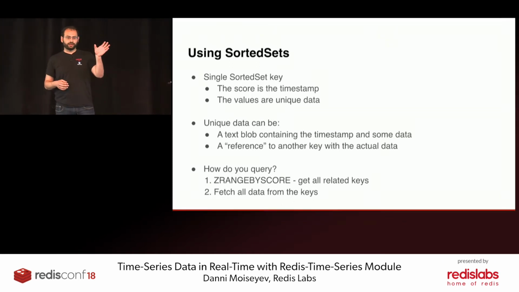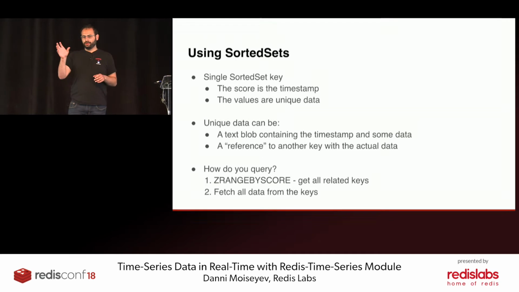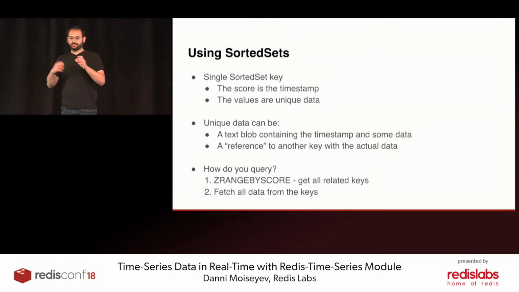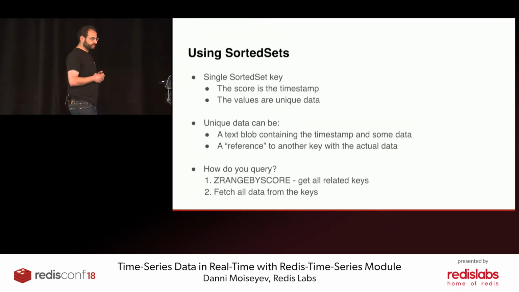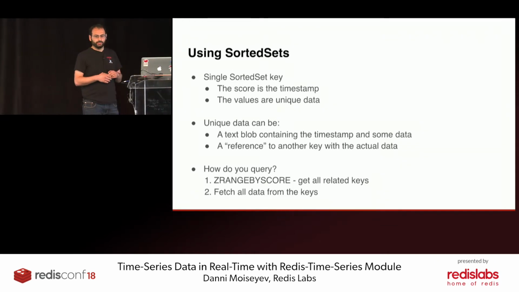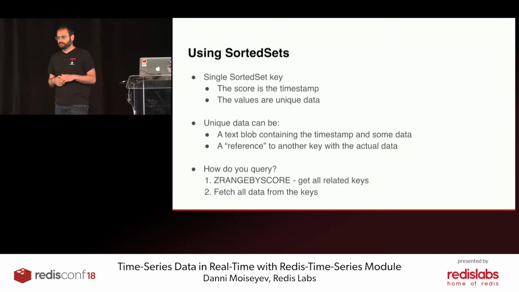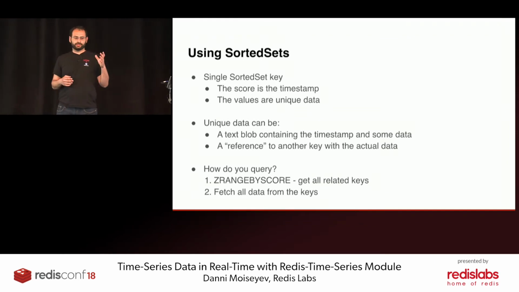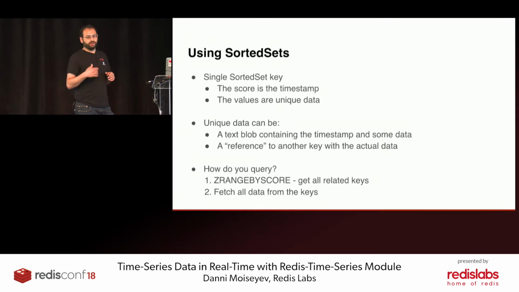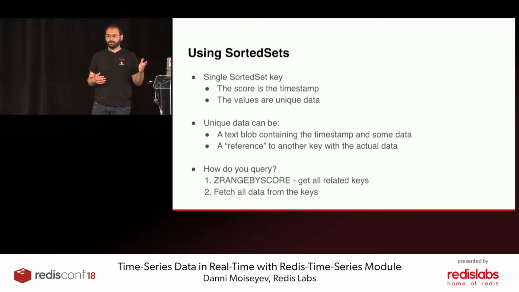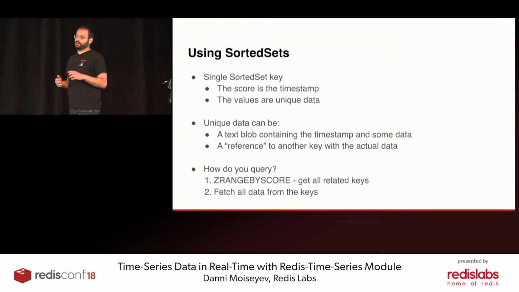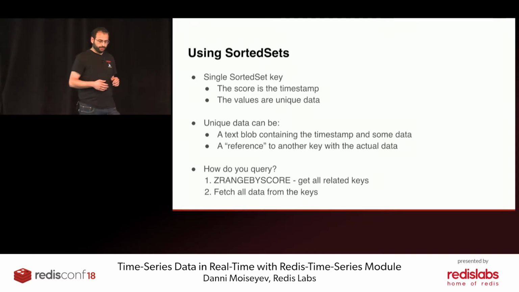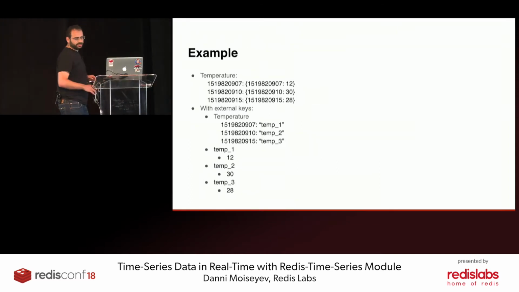So the score is the timestamp, and the value is the timestamp plus the value that you actually want to save in the time series. Another technique that we utilized in Redis Labs is using the score as the timestamp, and the value is a reference to another key, which is a hash table with the actual values. I have a small example here.